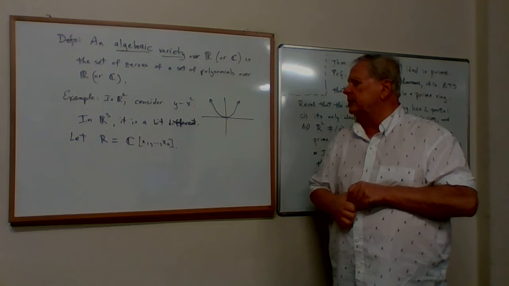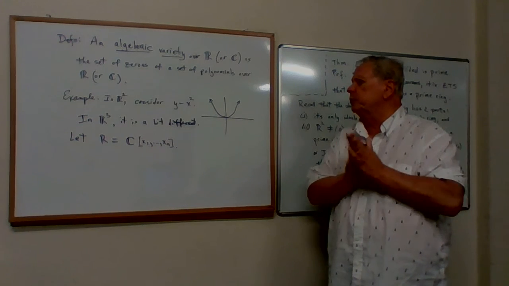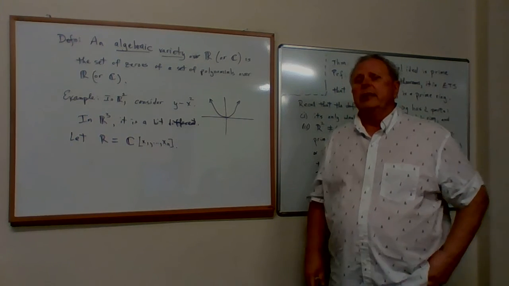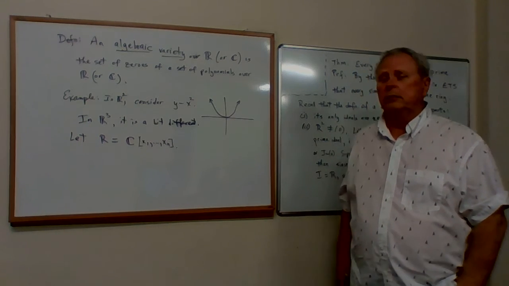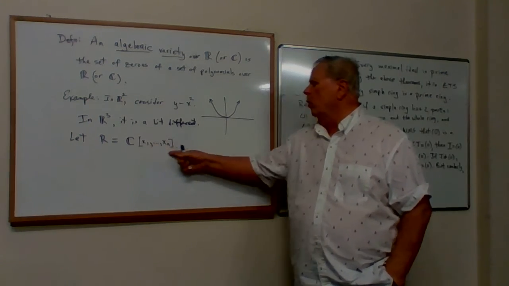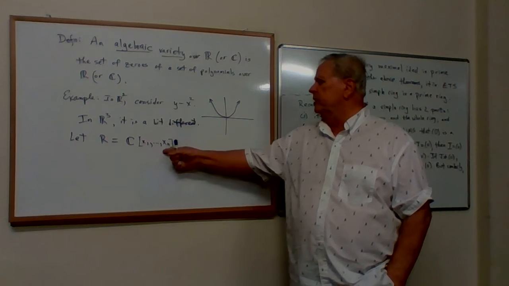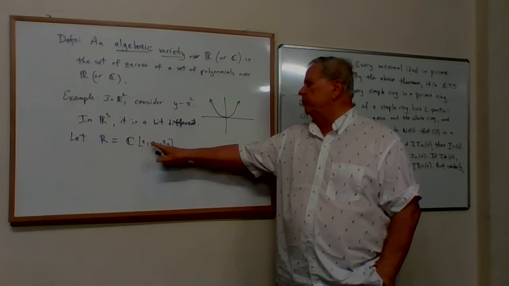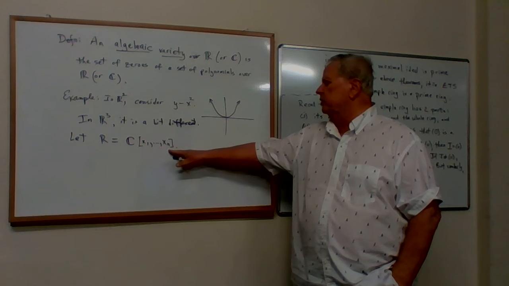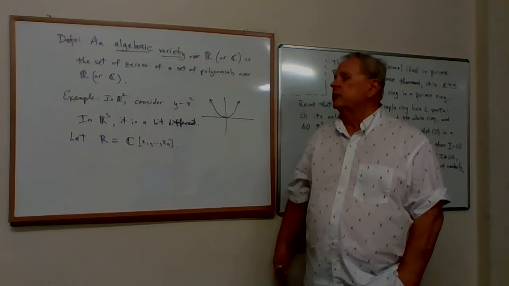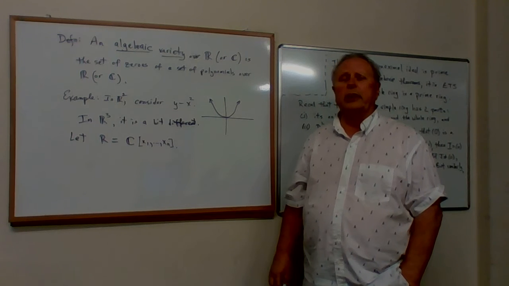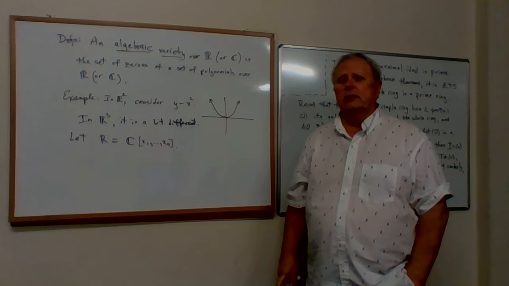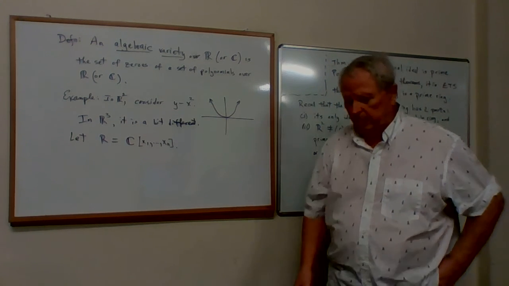And this particular ring is an integral domain. It certainly has a 1, because 1 is a polynomial in these variables: 0 times this one plus 0 times this one, and so on, plus 0 times that, plus, oh yeah, 1. So 1 is a polynomial in this ring. And it's a domain.